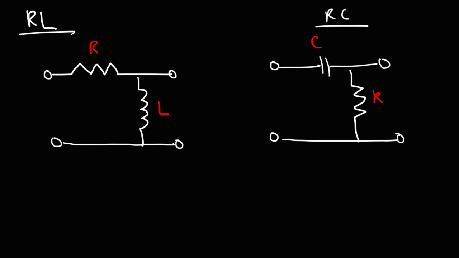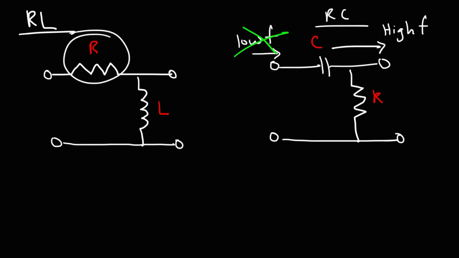In the RC high-pass filter, we know that the capacitor allows high-frequency signals to pass through, but it blocks low-frequency signals. So we can see why that's a high-pass filter. Now for the RL high-pass filter, both high-frequency and low-frequency signals can flow through the resistor with the same resistance.